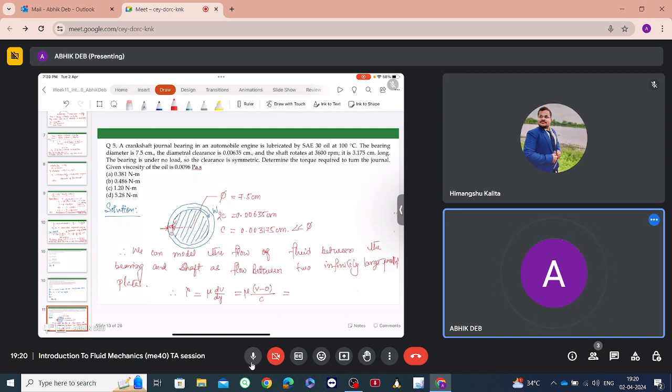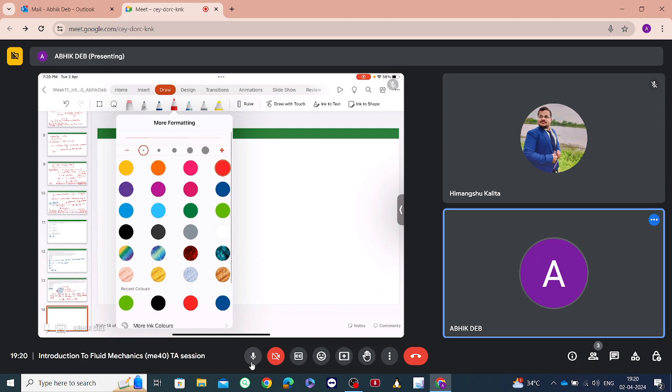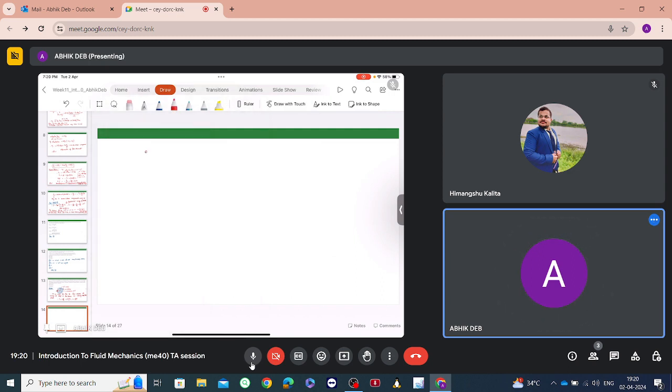What is mu? Or let us not give the values now. So v is equal to pi dn by 60. Therefore the shear stress is mu into pi dn by 60, that is velocity, into c.